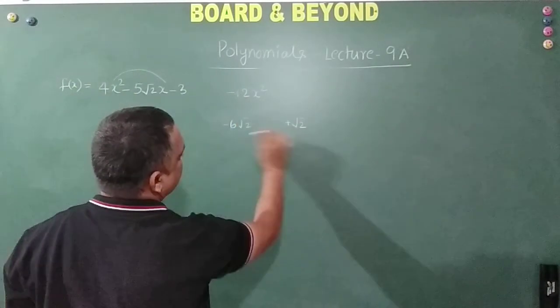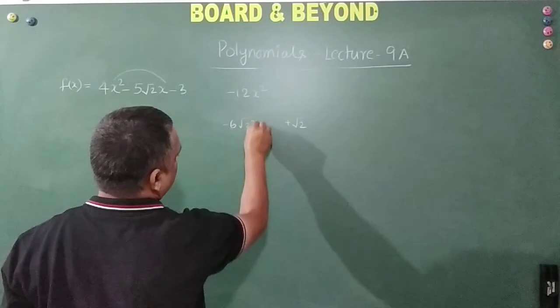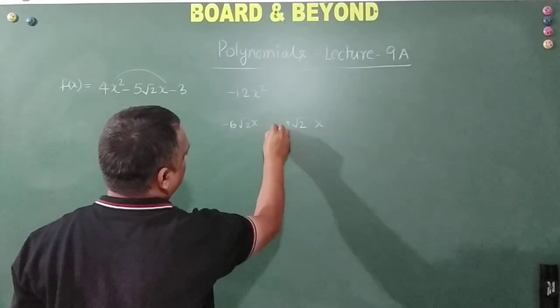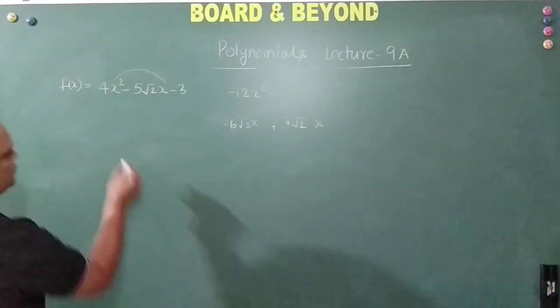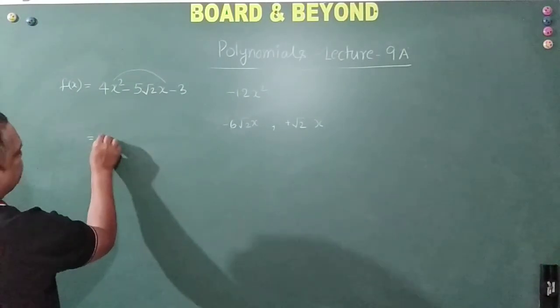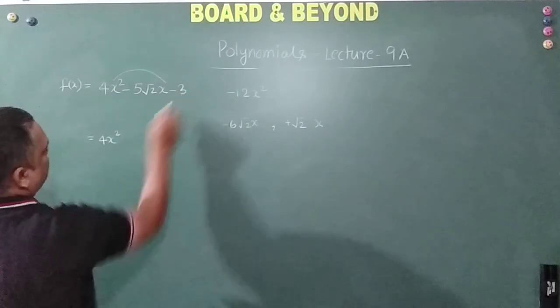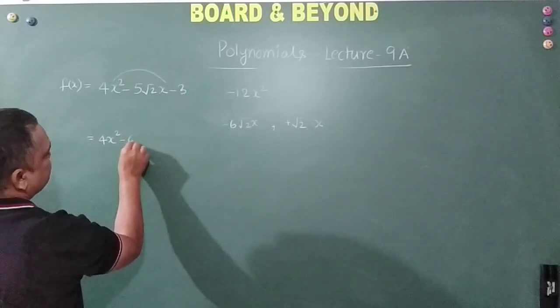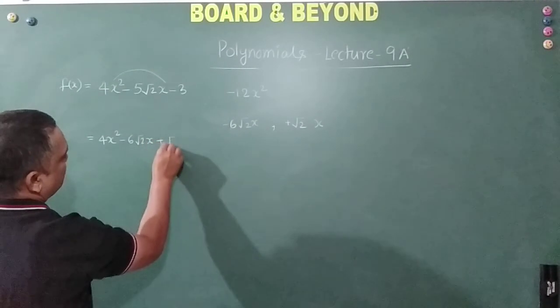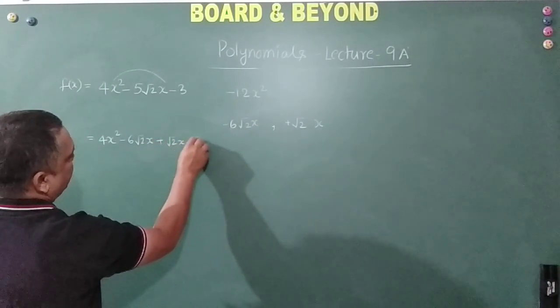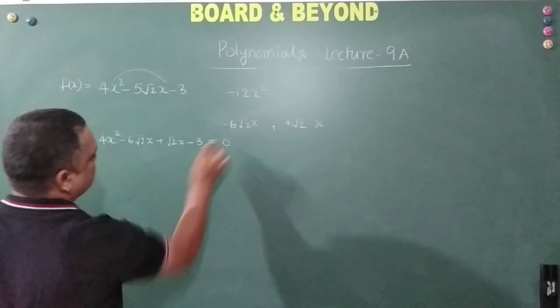And the product is 6 into 2, that is 12. So this into x and this into x. So these are my two factors, my friend. Right? So we can always write it as 4x square minus 6 root 2x plus root 2x minus 3 is equal to 0.